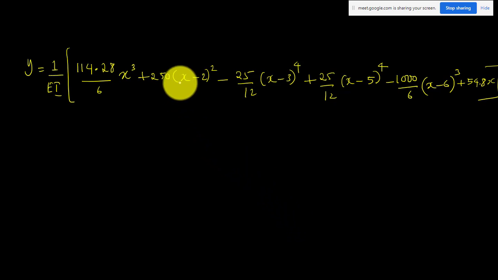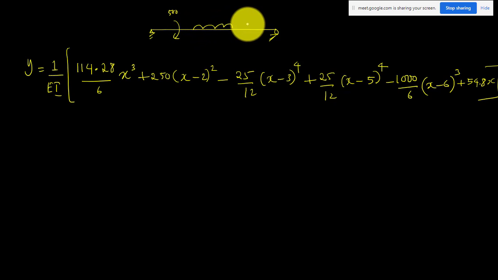Now suppose this is your beam, and this was your loading. I have 500, then a UDL, then a constant load. This span is 2 meters, this is 1 meter, another 2 meters, 1 meter and 1 meter.